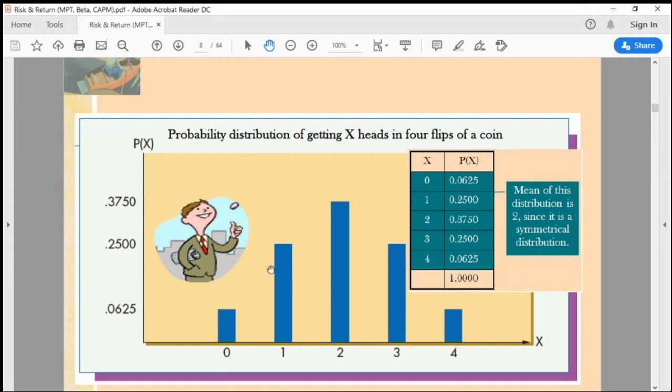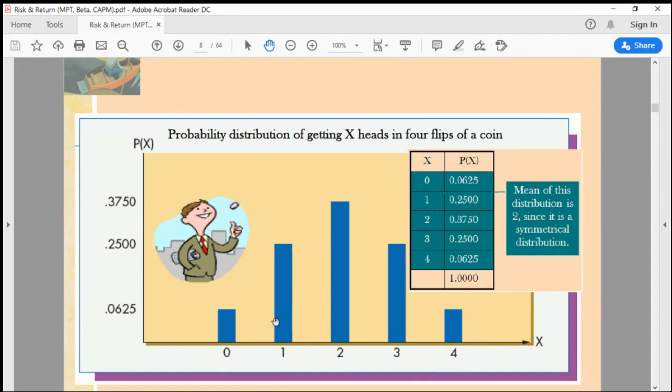But actually, although it says four flips, it looks more like two flips, right? Because then there will be four heads, zero heads, right?